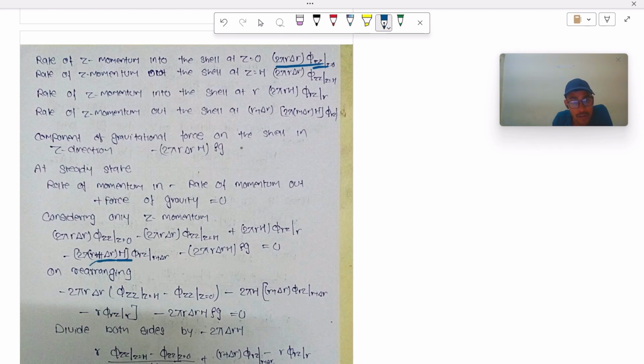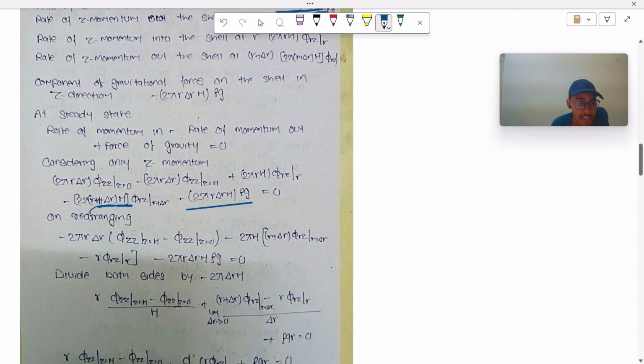And force due to gravity is given by minus 2 pi r delta r h rho g. On rearranging the terms, that is taking minus 2 pi r delta r common, we get phi zz at z equal to h minus phi zz at z equal to 0, plus 2 pi h times [(r plus delta r) phi rz at r plus delta r minus r phi rz at r], minus rho g delta r h is equal to 0.